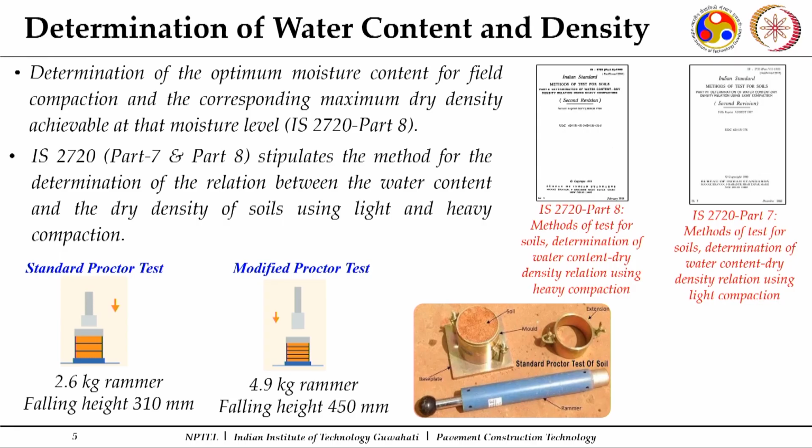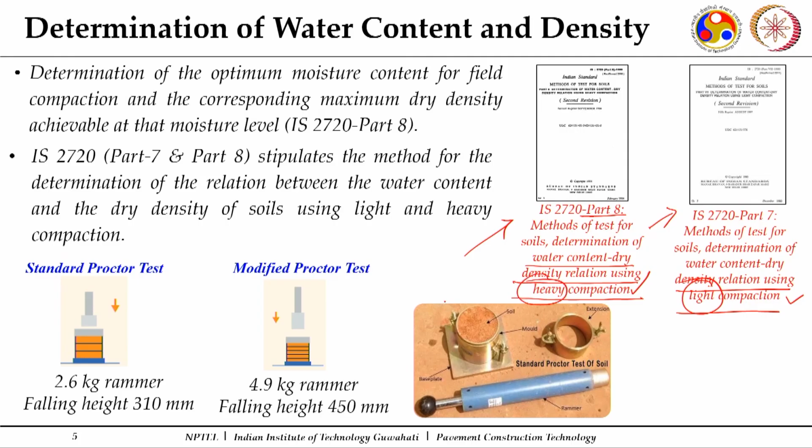Now, the coded provisions followed for this test are IS 2720 Part 8 and IS 2720 Part 7. The difference is specifically in terms of the compactive effort used. IS 2720 Part 8 is the method of test for soil: determination of water content-dry density relationship using heavy compaction, and the other one is using light compaction.